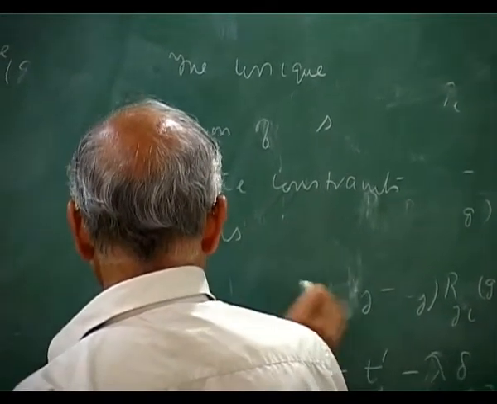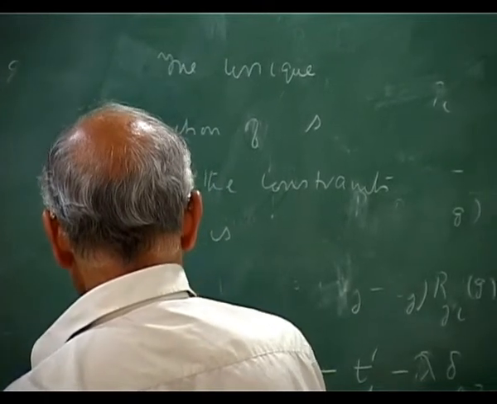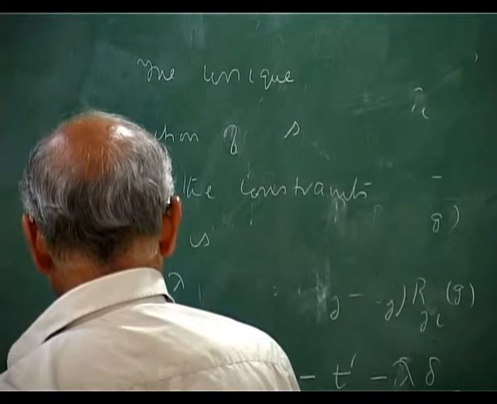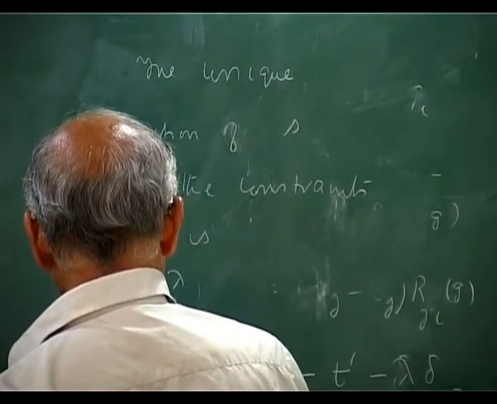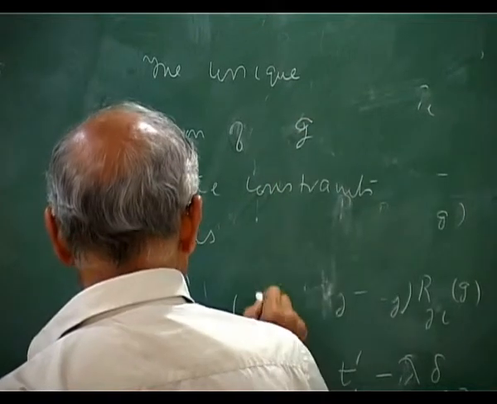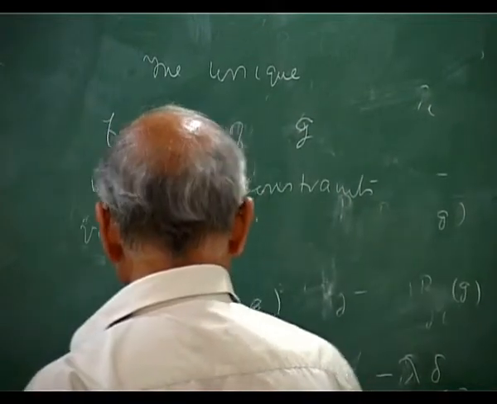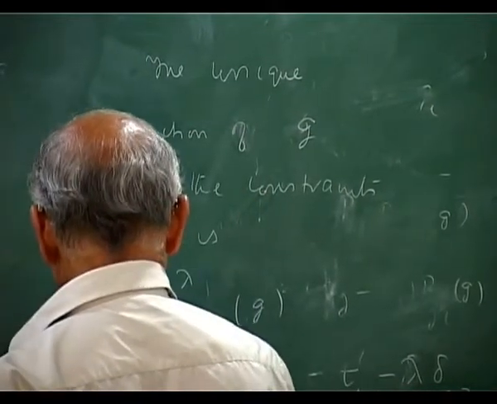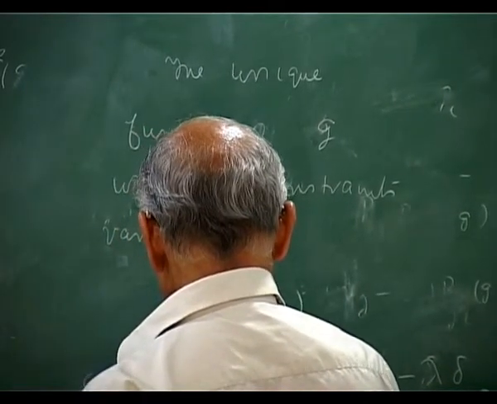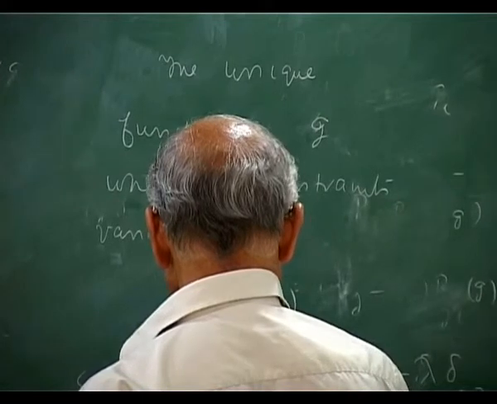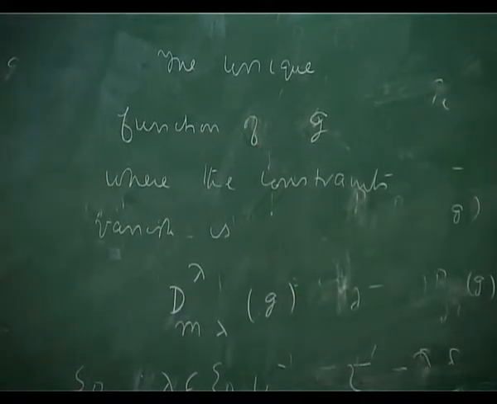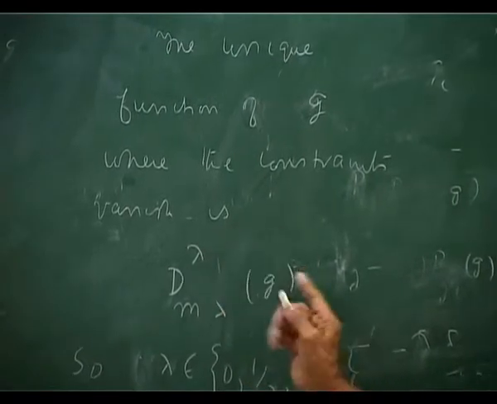Okay, what? It is going to be D^j_{m lambda}(g), this one. So lambda belongs to 0, half, it's acting on the right.